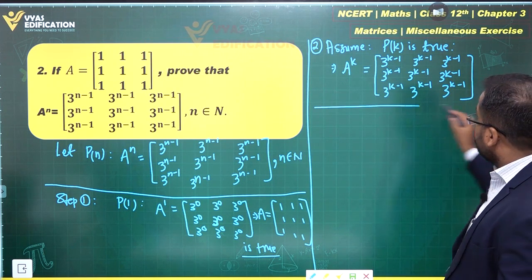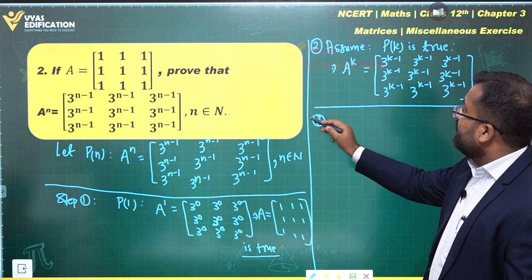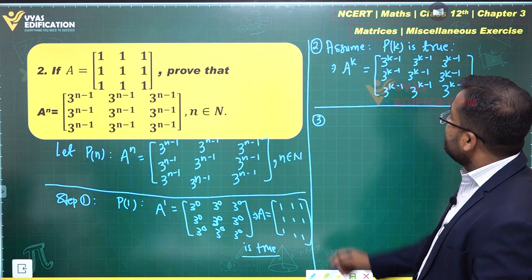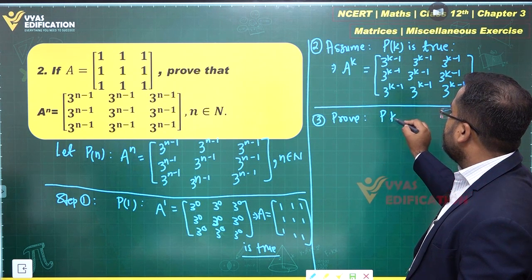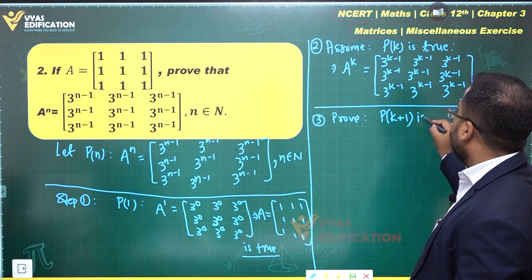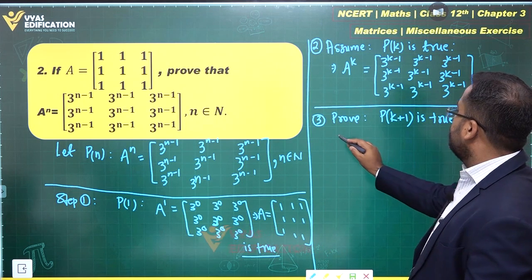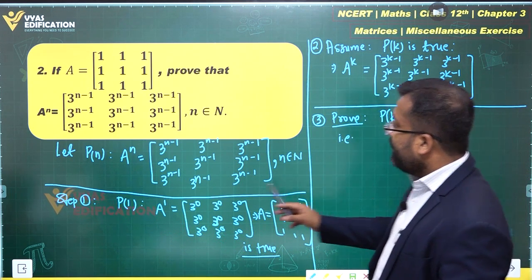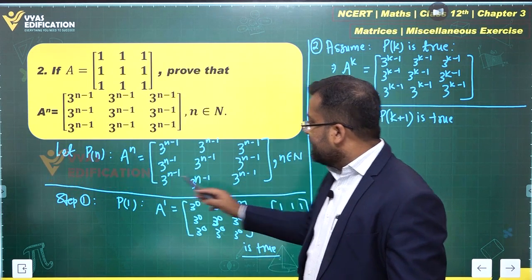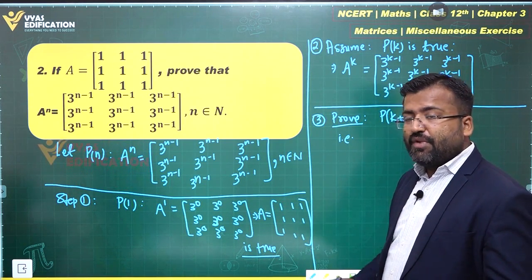Once we have assumed this, now it is time to apply step 3. What does step 3 say? Step 3 says prove P(k+1) is true. That is, what we want to prove is, instead of n, if I substitute k plus 1, the statement should actually be true.